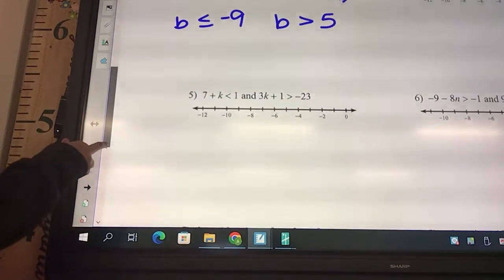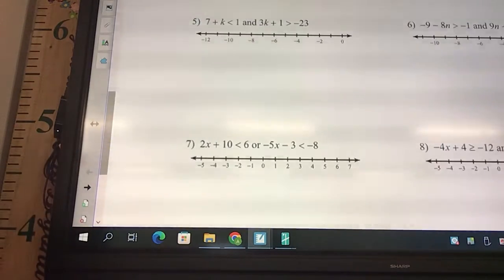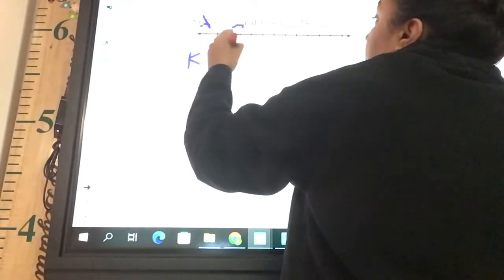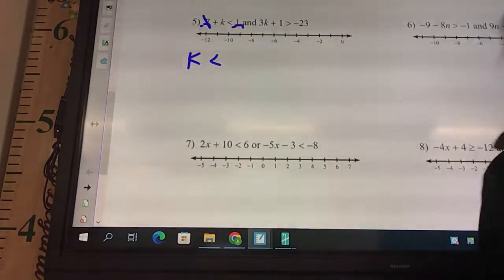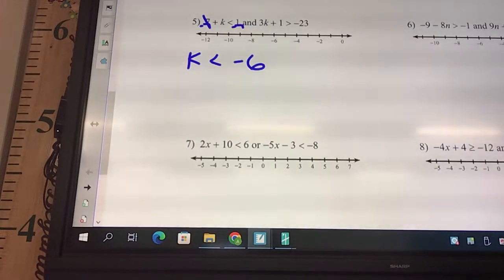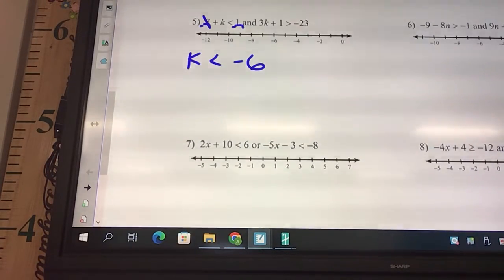Okay, number 5. What needs moved? Minus 7 from both sides. Okay, what is 1 minus 7? Negative 6, good. And the second one, what needs moved first? Minus 1.